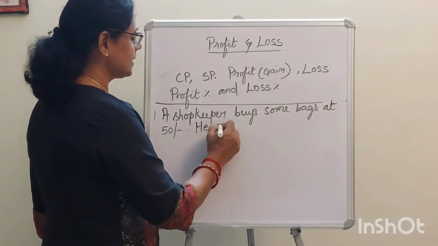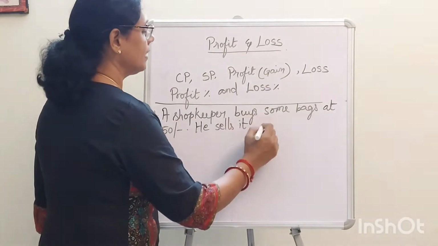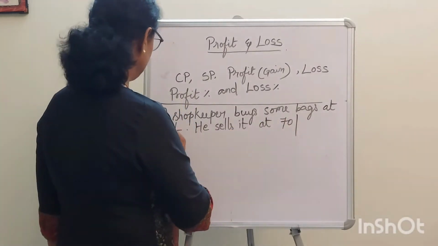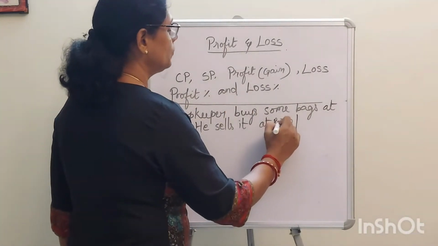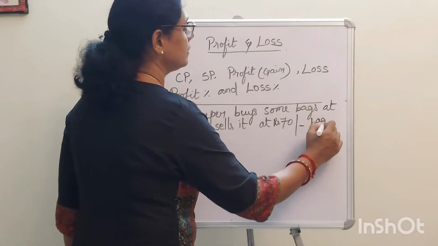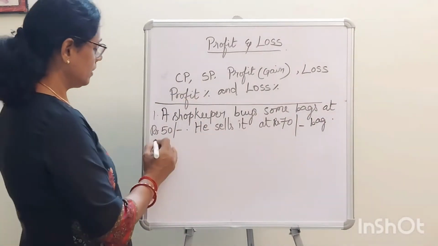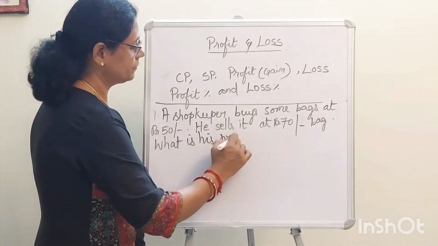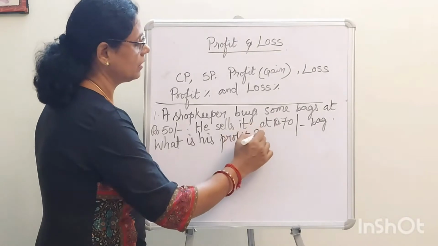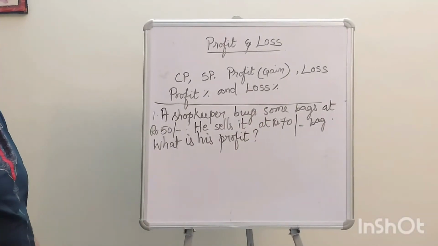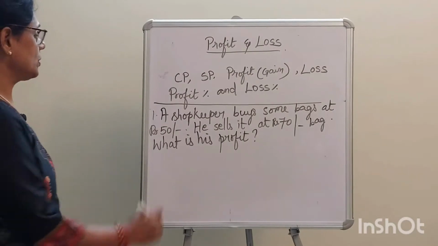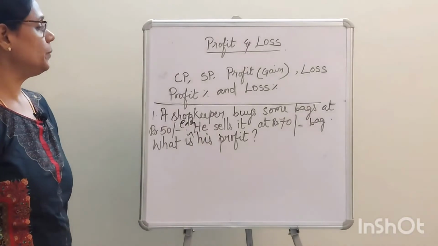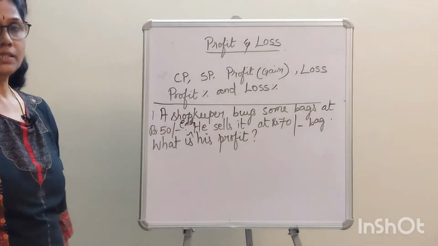He sells it at 70 rupees per bag. The question will be, what is his profit? Now a shopkeeper buys some bags at 50 rupees each. Each bag costs 50 rupees. He sells it at rupees 70 per bag. So what is his profit?